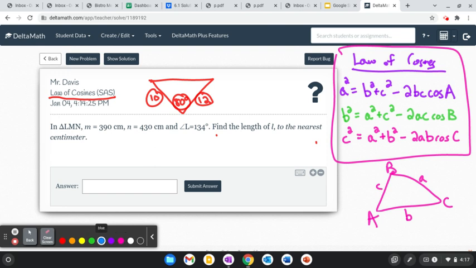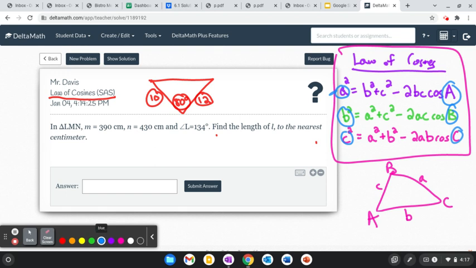So how do you know which equation to pick? Well, generally you just choose whichever equation matches. For instance, if we were looking for little a, we would choose this equation. Or if we were looking for big A, we would choose this equation. If we're looking for little b or big B, we're going to choose the second one. And little c or big C, we're going to choose the third one. You can see this pattern that develops here.